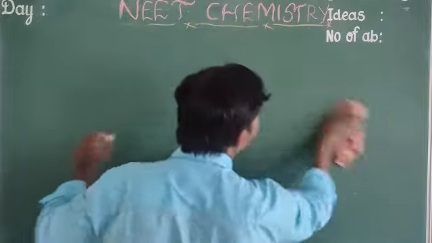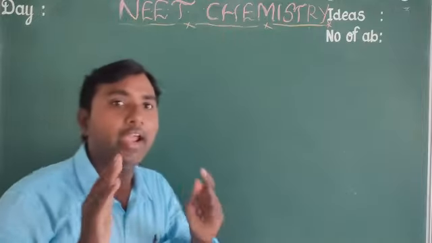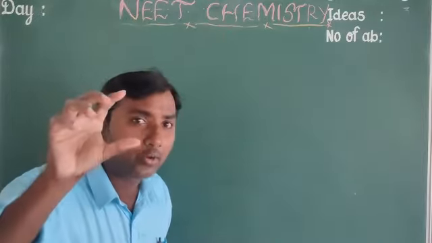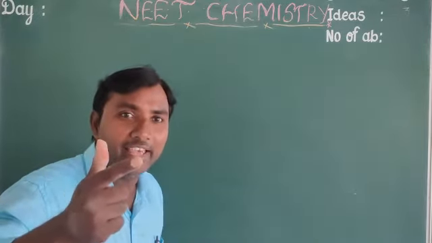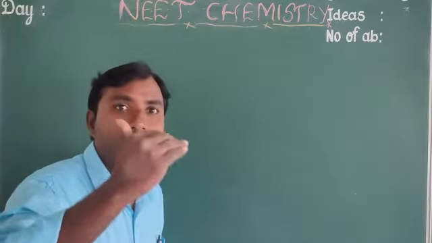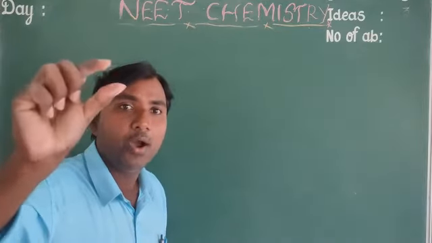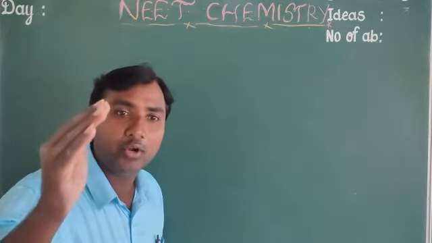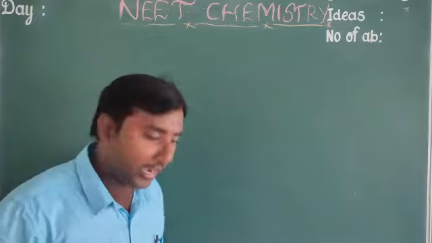How does electronegativity vary in periods and groups? Okay, in periods electronegativity increases from left to right. Why? Because in periods from left to right nuclear charge increases while atomic size decreases. That's why electronegativity increases from left to right in periods.